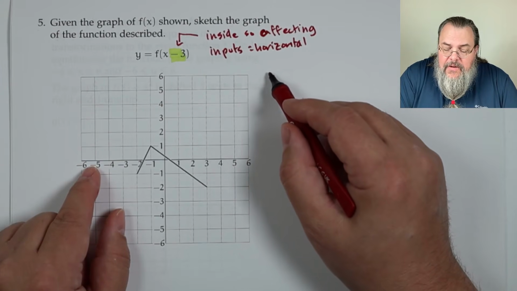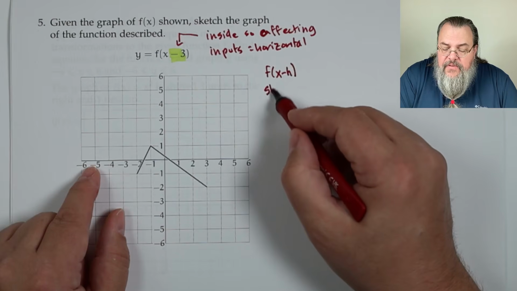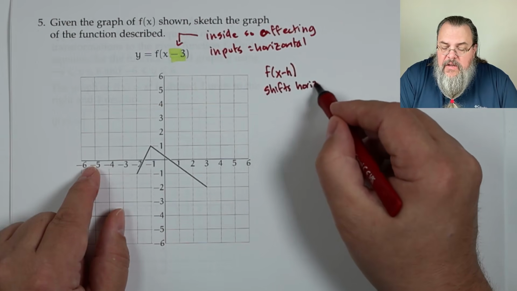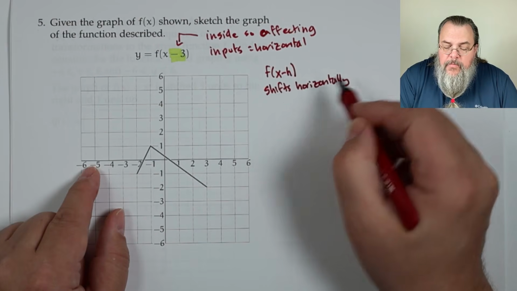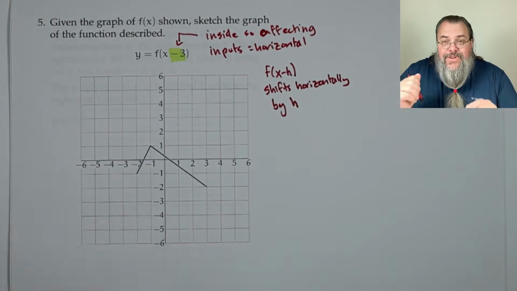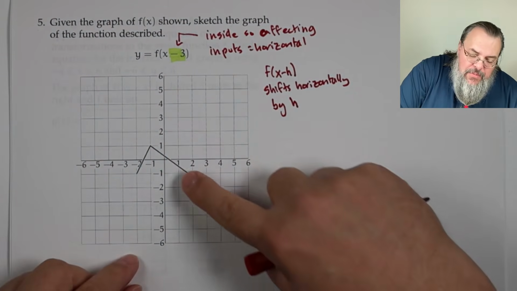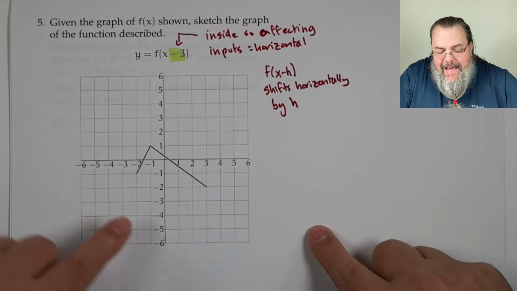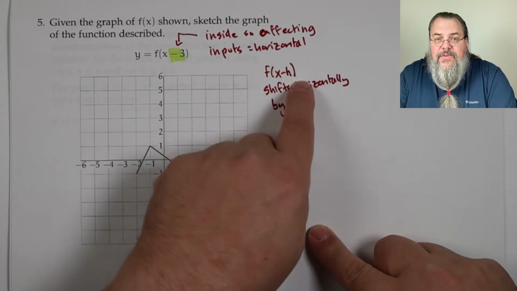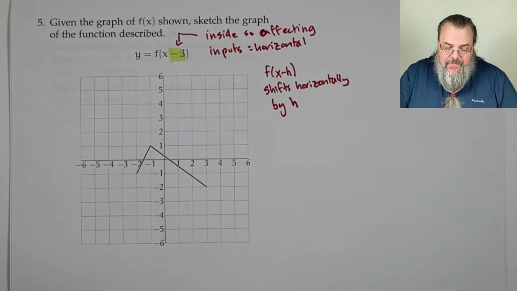It's f of x minus h that shifts horizontally by h. So it's this weird thing. Minus 3 makes you think you should be moving that direction, but actually we're going to move this way because it's minus the shift. So since it's minus 3, we're going to be shifting by plus 3.